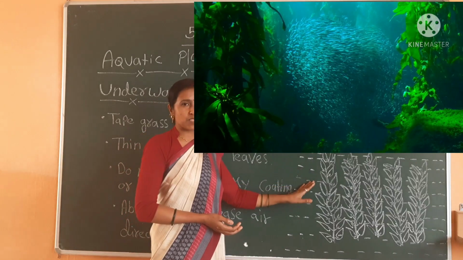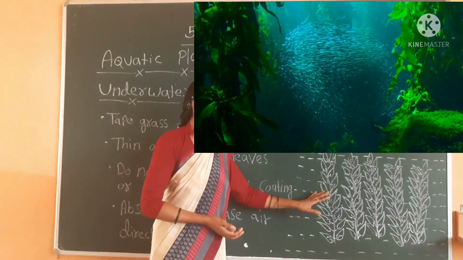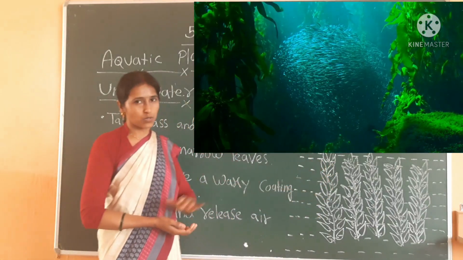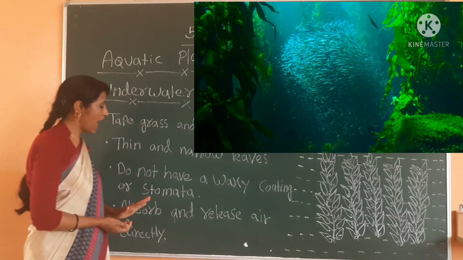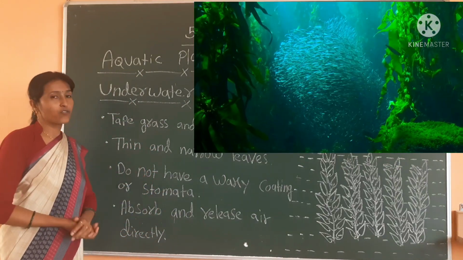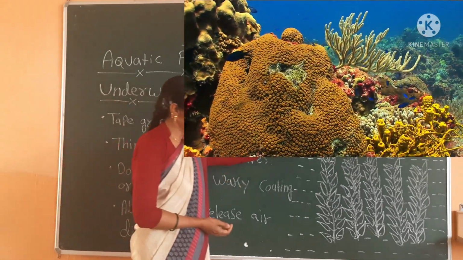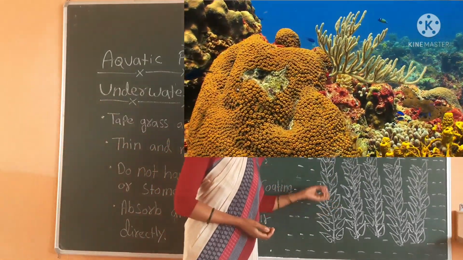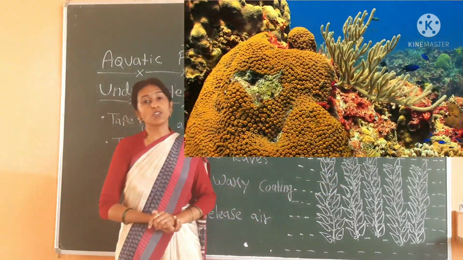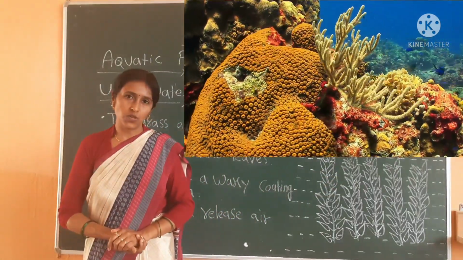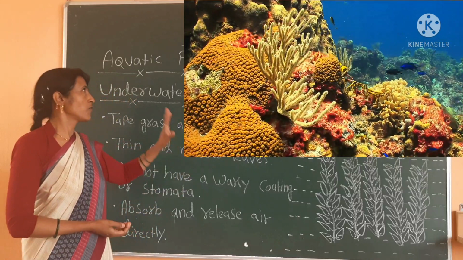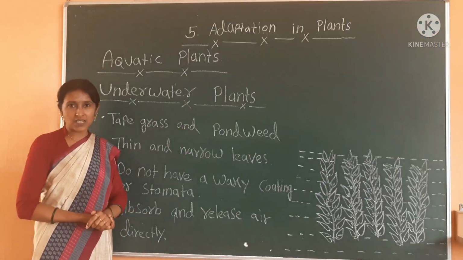But these underwater leaves are thin and narrow, and there is no waxy coat. As well, they absorb and release air directly. They are found underwater, but they release the air directly from their leaves. So this is all about the underwater plants.